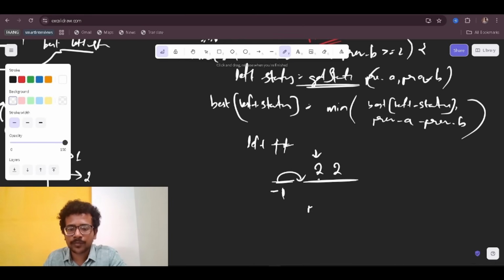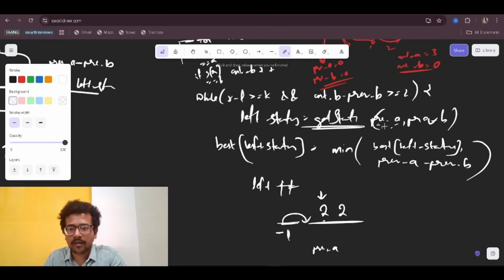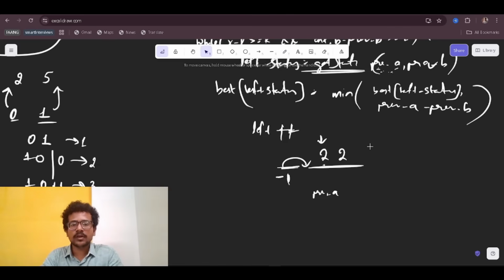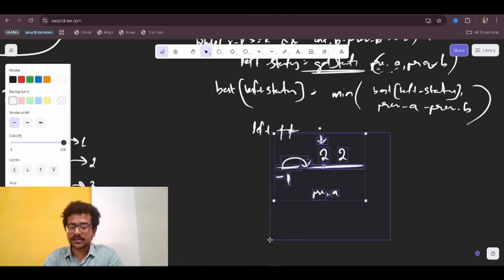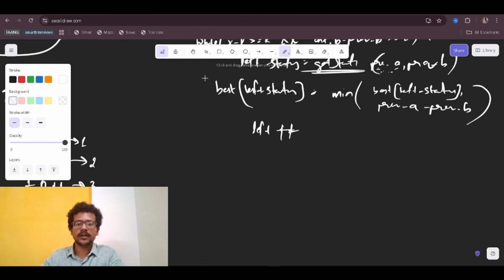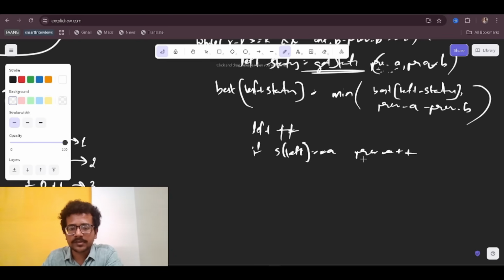Then I would increment previous A, and this previous A is important as I am getting the status here. So after incrementing the left, then only I would write: if S of left is equal to A, then previous A plus plus. If S of right is equal to B, previous B plus plus, right?